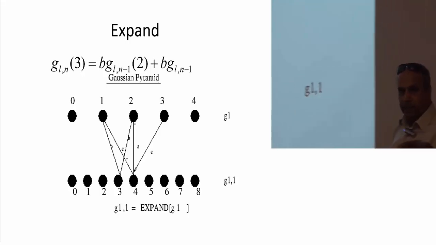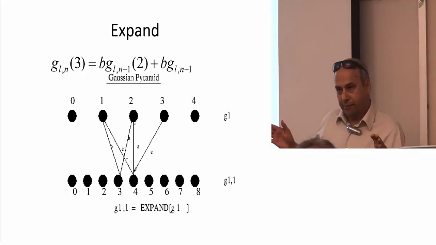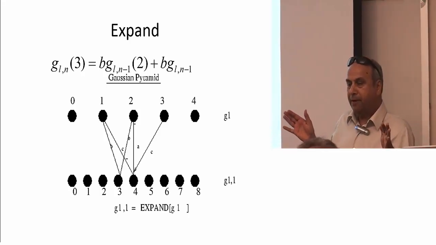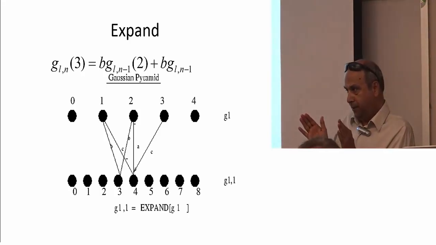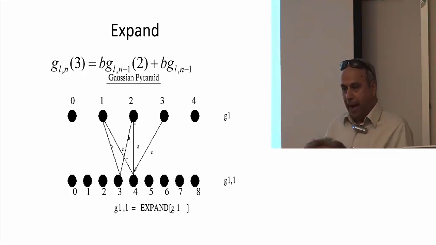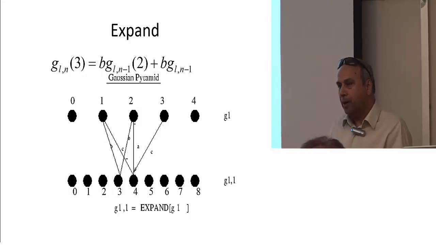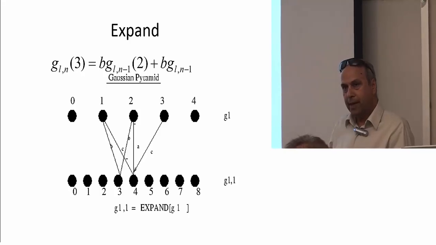Yes, that's a good point. So what he's saying is that right now we just get rid of those, and the other way would be to do interpolation, where we get the value here and find that. What we are talking about is a very simple way to do this, and still it's pretty good. It will do what we want. But yeah, one can do that if you want to do it more precisely. Any other question?